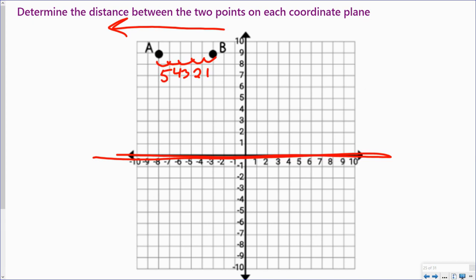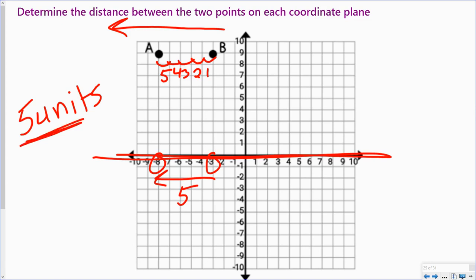So these two are 5 units apart. And if you look from -3 to -8, from 3 to 8, since distance is positive, that's 5 spots away, which matches up with my units here.